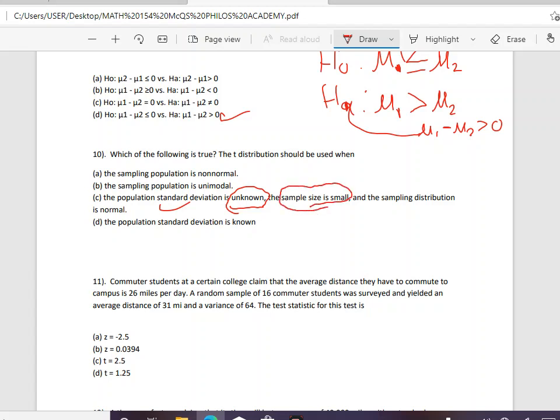When we say sample size is small, it means that n is less than 30. And the sampling distribution is normal. So if you have such a condition where your population standard deviation is unknown, the sample size is small, that is n less than 30, and the sampling distribution is normal, then we use the T distribution. So the answer is C.